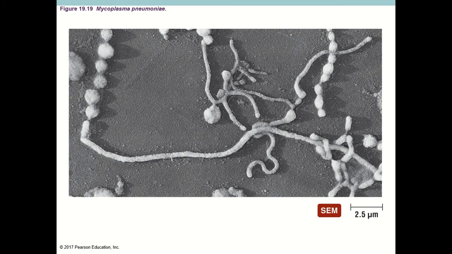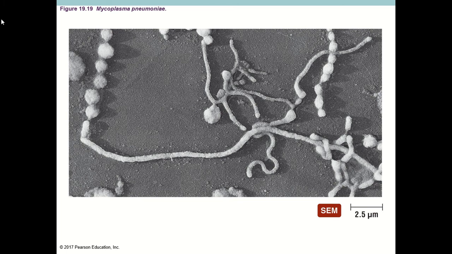Goblet cells are specialized types of cells that produce mucus. Now, from the posterior side of the nasal cavity all the way down to the bronchioles, we contain some degree of pseudostratified columnar ciliated epithelial cells with goblet cells.